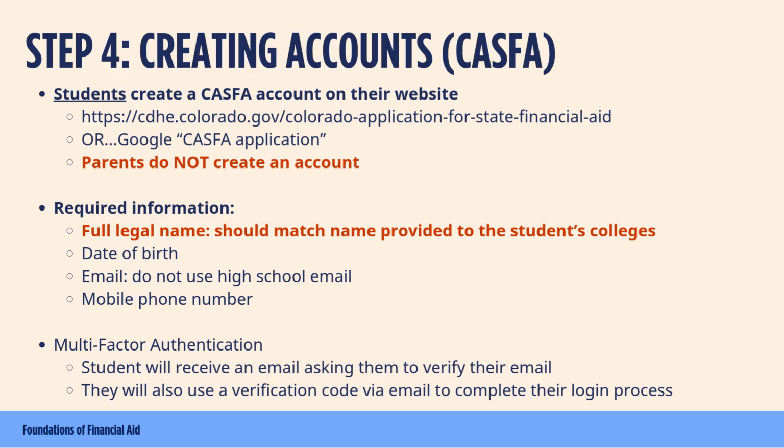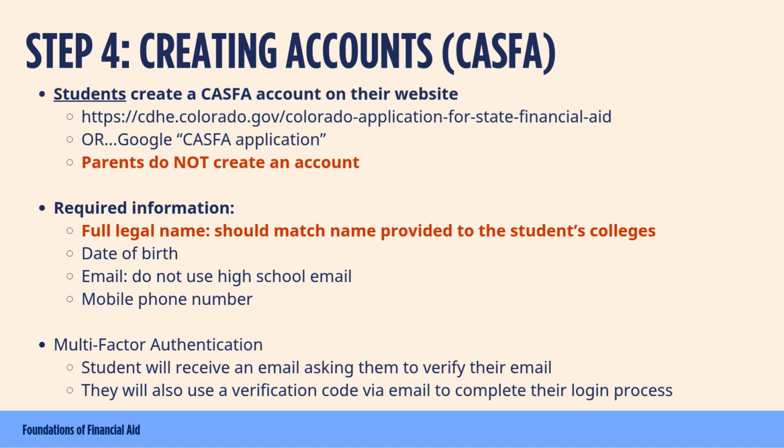students will create their account with the following information. First, they need their full legal name. What's important here is that they need to use exactly the same version of their name on their CASFA and when they're applying to college. And the reason for that is that the colleges are going to use that name along with their date of birth to match their admissions application to their CASFA.